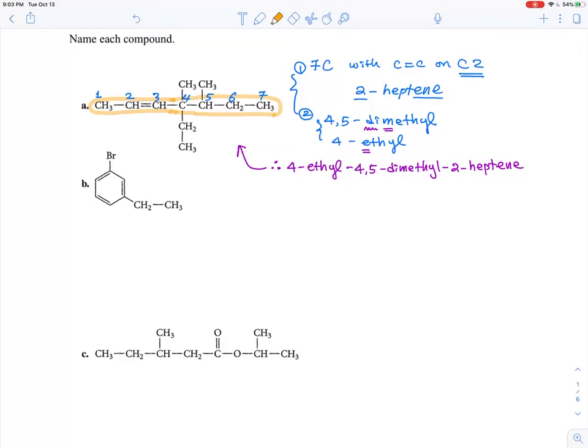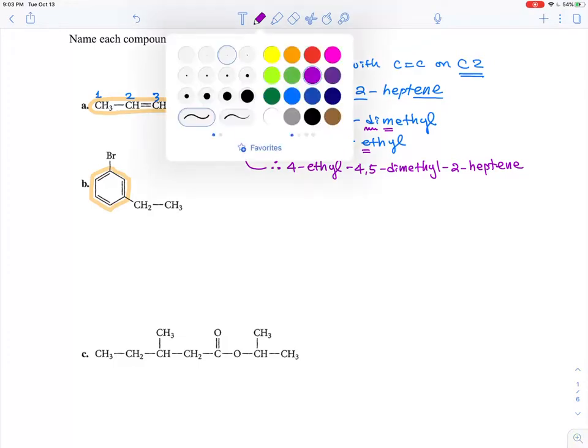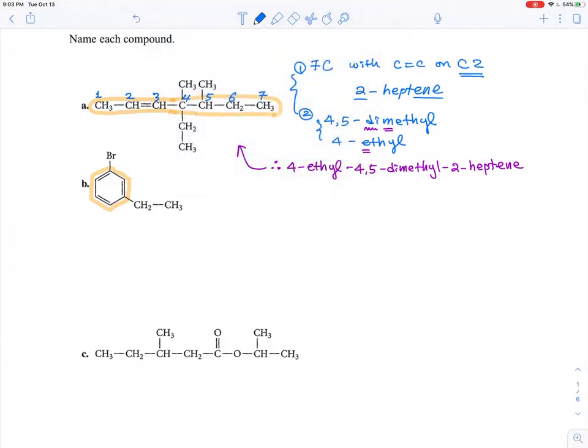This compound has an aromatic group. The aromatic ring really serves as a backbone and, quote unquote, a functional group. So we are going to say the backbone is benzene. From here, the bromine is the bigger one, so we're going to count it as 1.